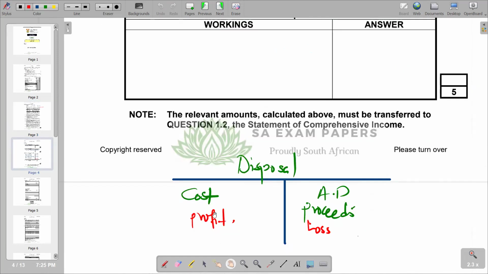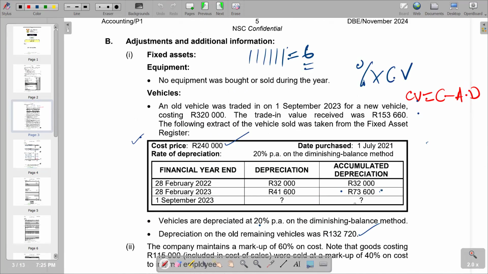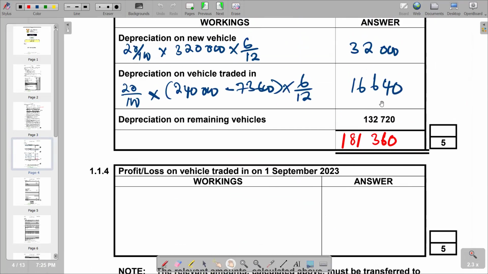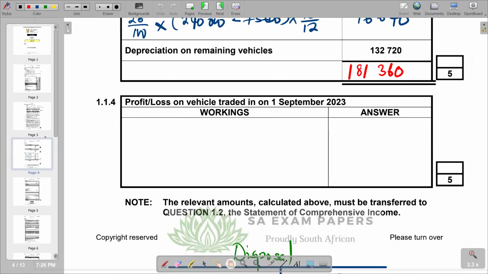So if we come here, we are saying the cost is 240,000. And if you check in terms of the other information given, accumulated depreciation is now 73,600 plus the one for the period that we calculated here, plus this one, 16,640.